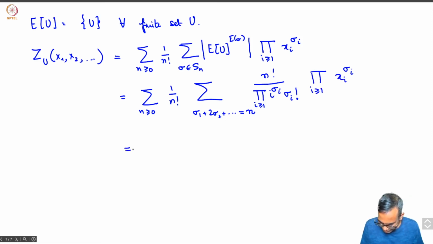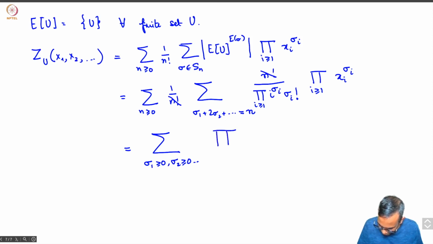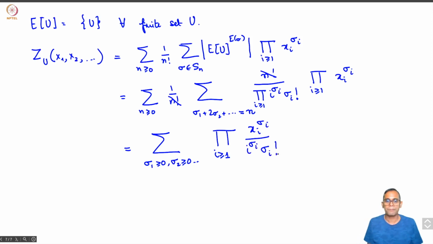But we can forget about what n is. This is just a sum over all sigma 1 greater than or equal to 0, sigma 2 greater than or equal to 0, and so on. And this n factorial cancels out with this n factorial, and what we get is product i greater than or equal to 1, xi to the power sigma i divided by i to the power sigma i times sigma i factorial.